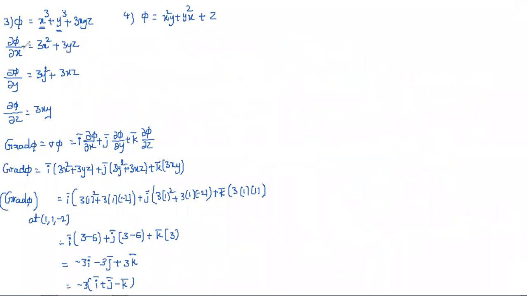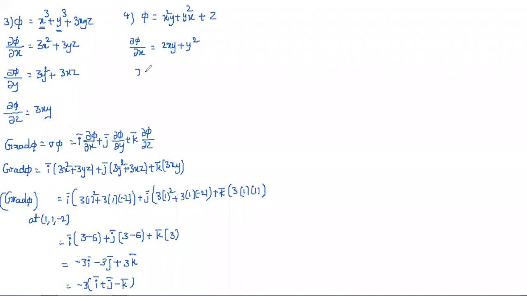Can I write directly here for this? First, dou phi by dou x. Here it is with respect to x we are applying, so the x square derivative is 2xy, and here it is y square.